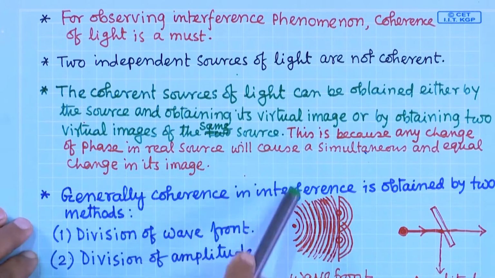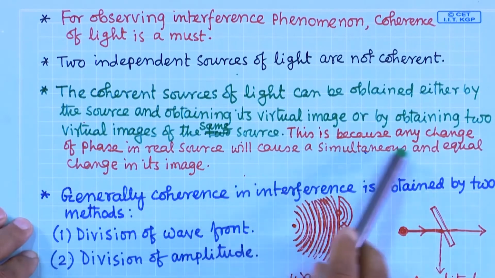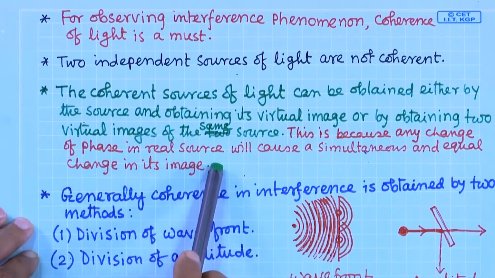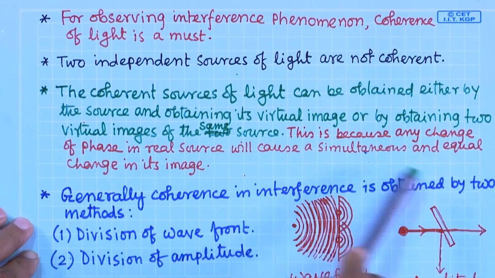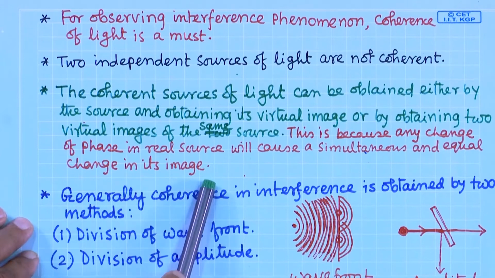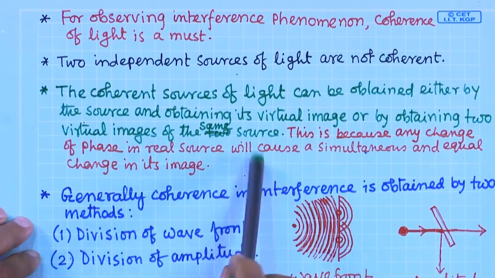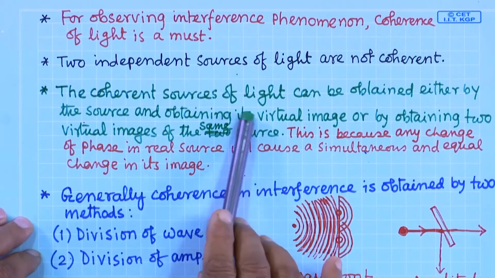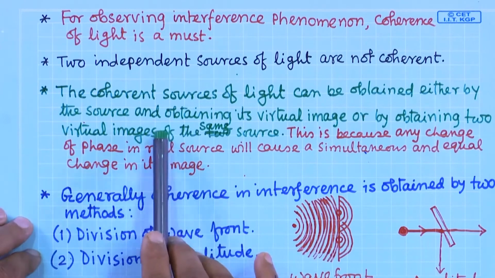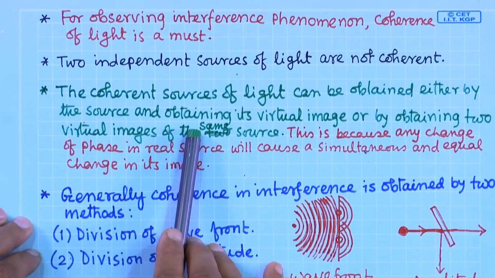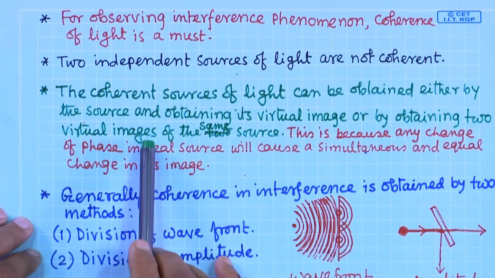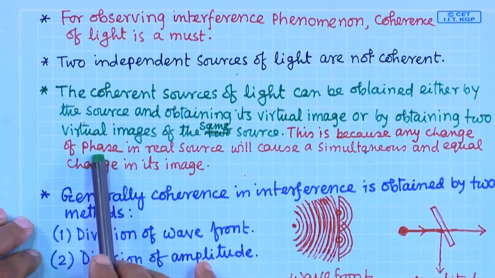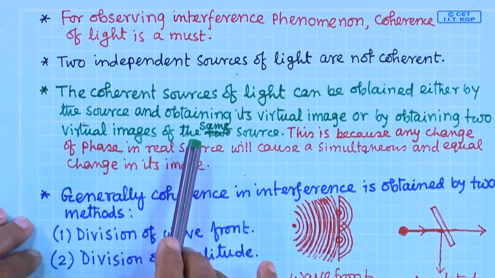Okay. This is because any change of phase in the real source will cause a simultaneous and equal change in its image. Okay. So, that is why from the same source we have to generate another source, or we have to generate two more sources from the same source, then they will be coherent.